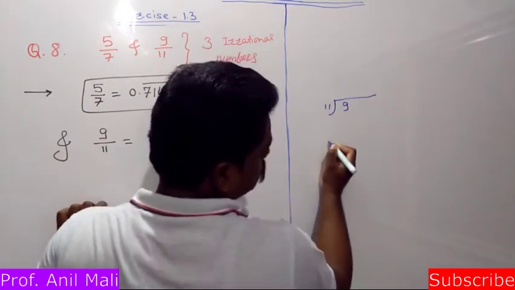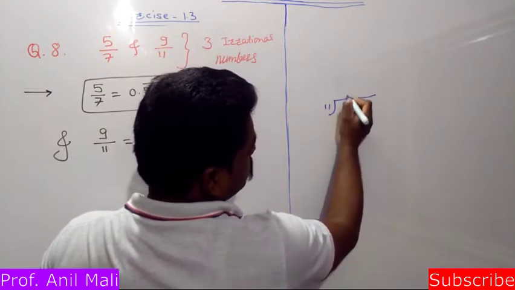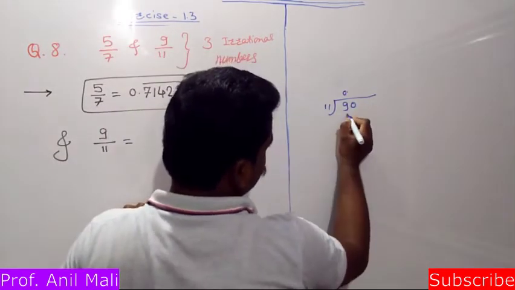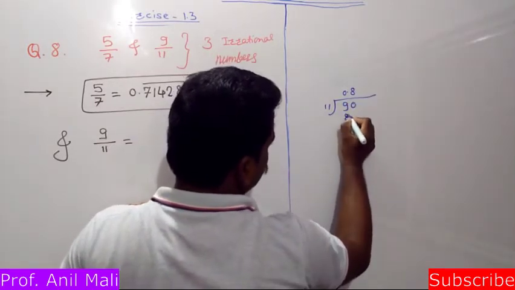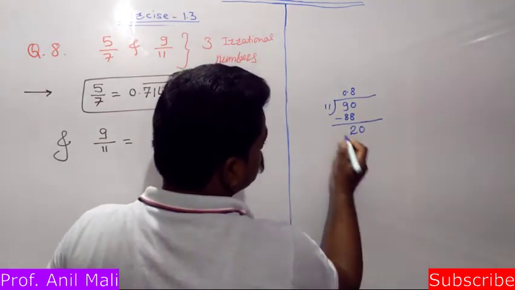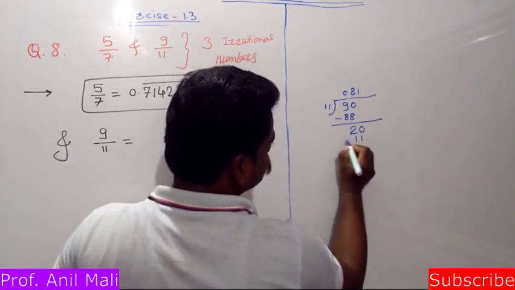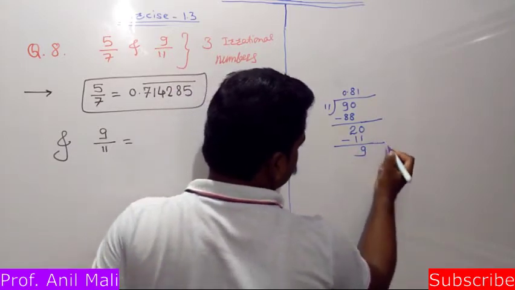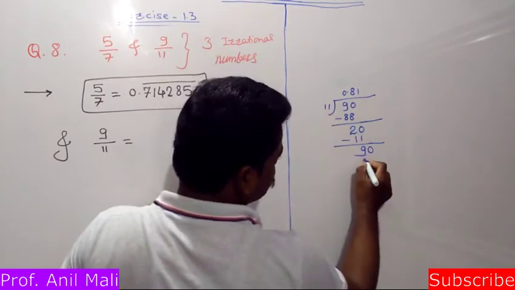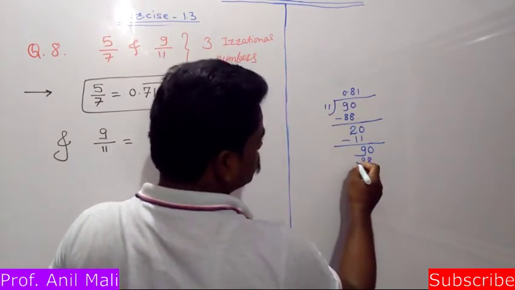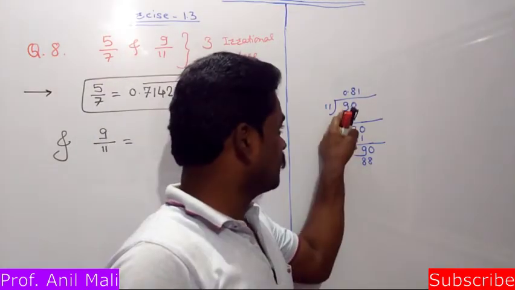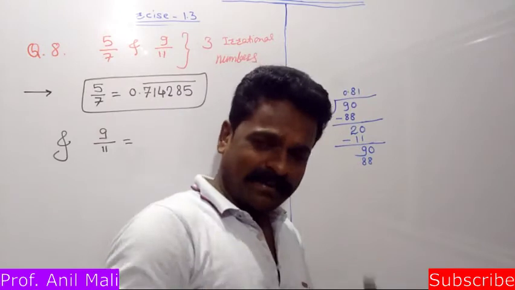9 by 11. 9 is not divisible by 11, so 0 point, and it becomes 90. 11 eights are 88. We are left with 2 only. Take 0. 11 ones are 11, the remainder is 9, then it is 90. 11 eights are 88. Since we got the same remainder 9 here, we are getting a repeating pattern.